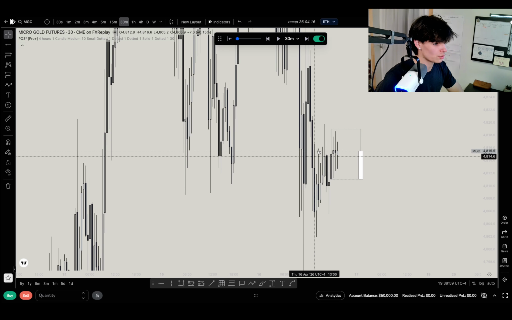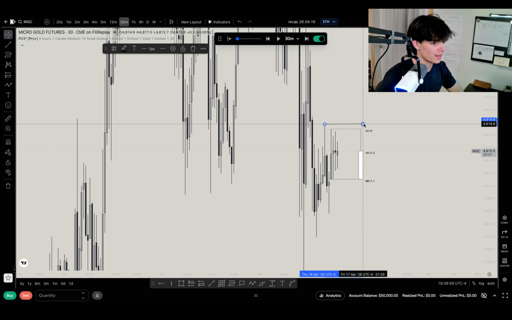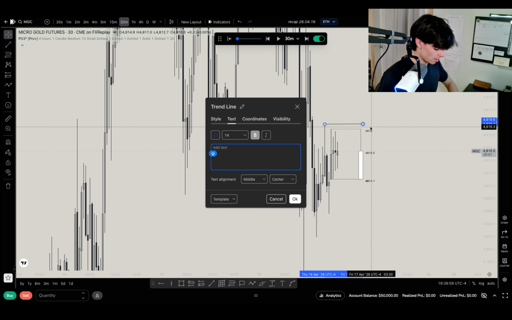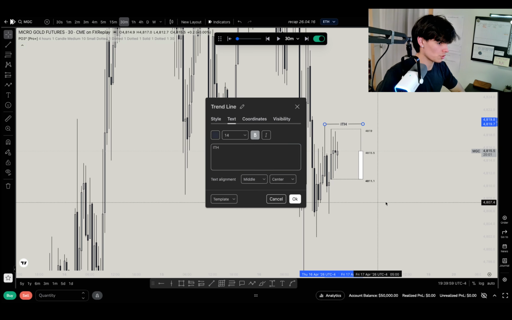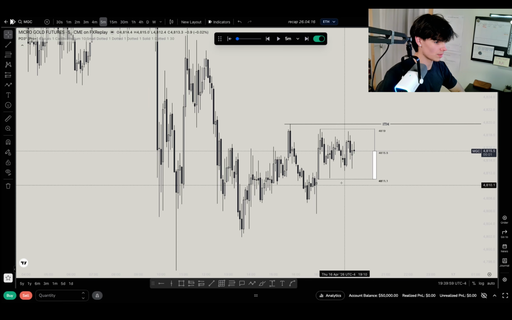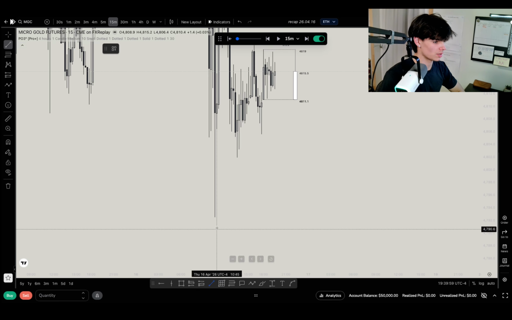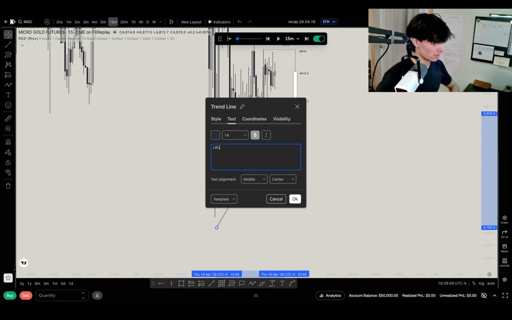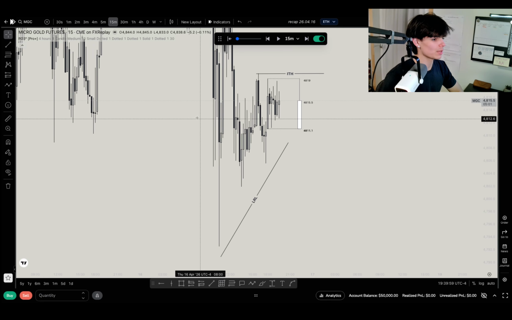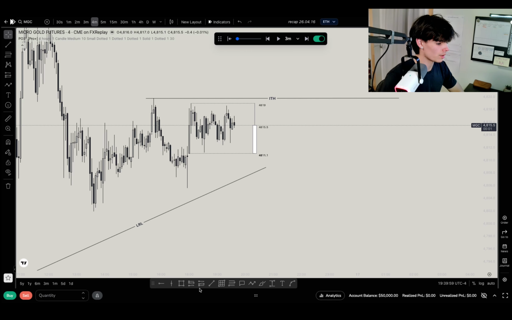Then we have a 30-minute intermediate high here, and yep, a 30-minute intermediate high right there. So my game plan was basically, and again, if we look here, we could say we got some LRL here. My game plan was really to wait for accumulation.